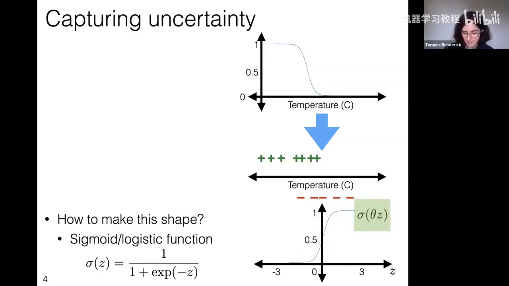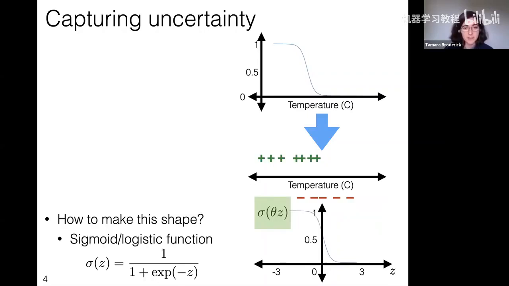And so here, by multiplying by this constant, we've squished it, but you could also pull it out so that it has a bigger width. Now, another thing that we certainly want to do here is flip it, but we can include that in theta as well. We could just have a negative theta. And so then we would get something that's flipped.